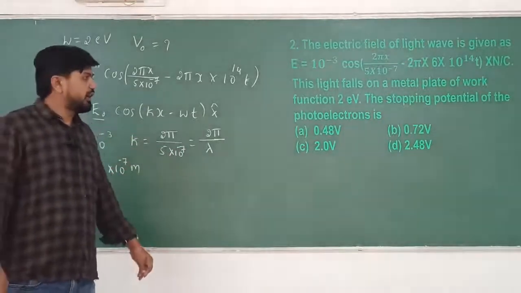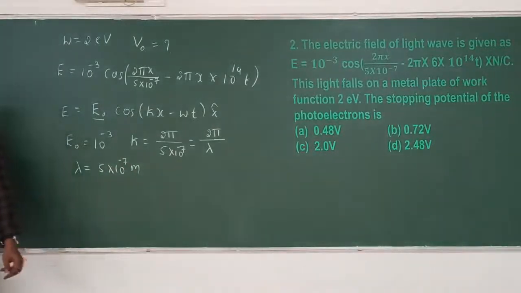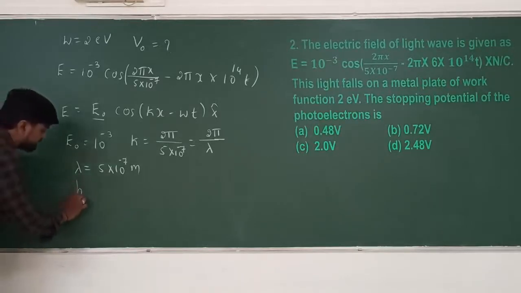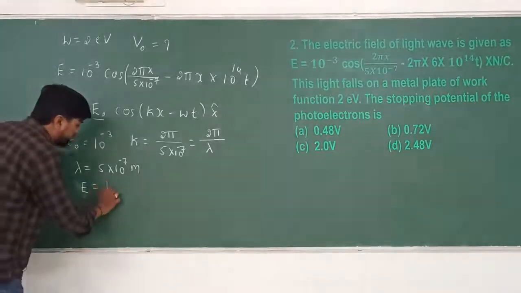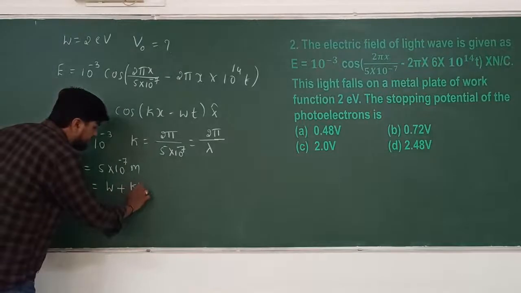So they are asking to find out the stopping potential. By using the Einstein equation, incident energy is equal to work function plus kinetic energy.